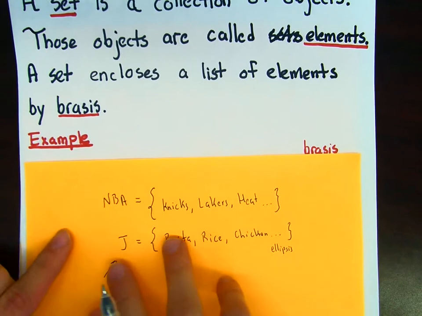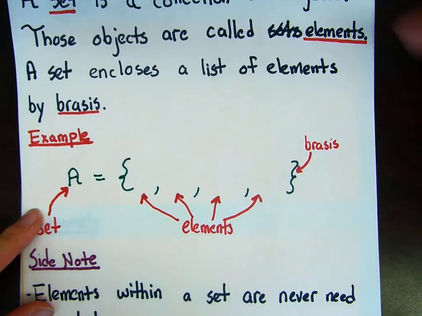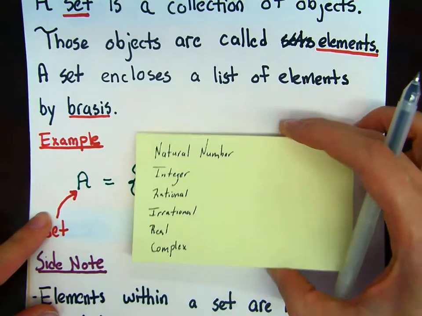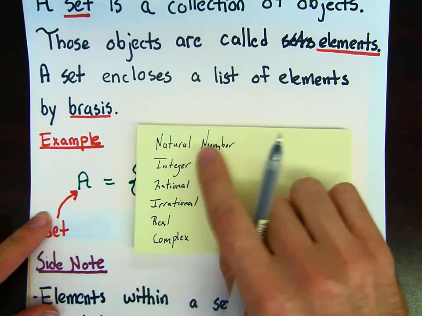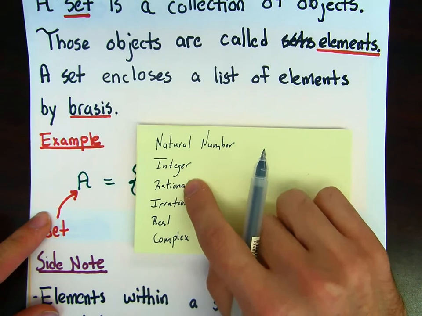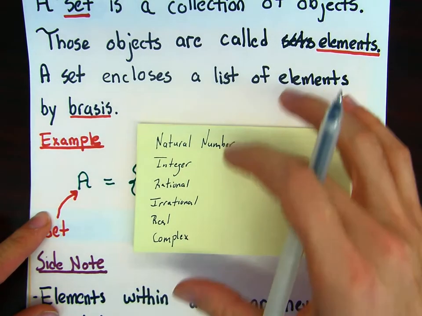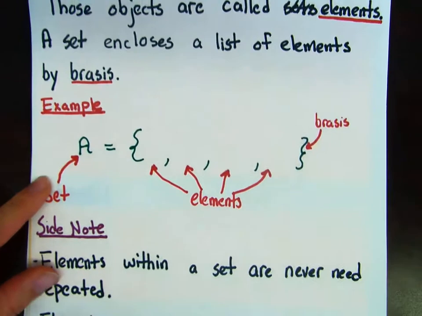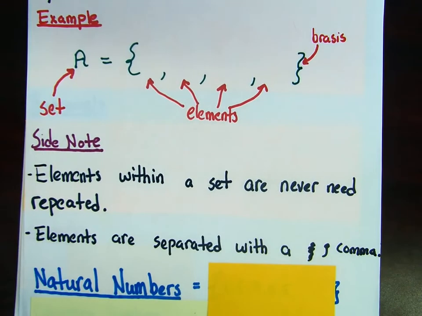And notice that what we're going to show are the sets of these types of numbers. This encompasses the set of natural numbers, the set of integers, the set of rational, irrational, real, and complex. And we're going to go over these sets of numbers. Okay. Side note, elements within a set never need to be repeated.